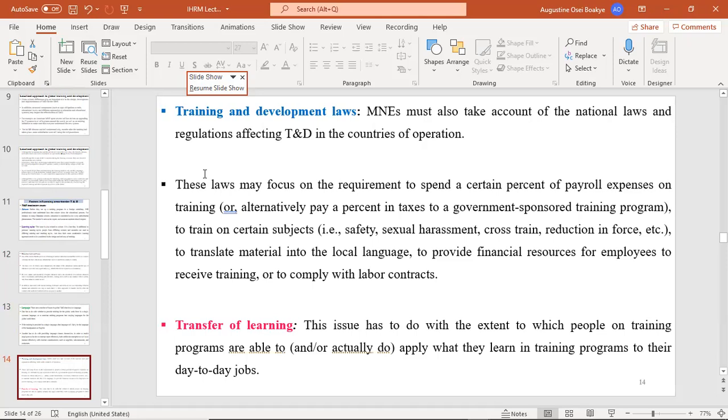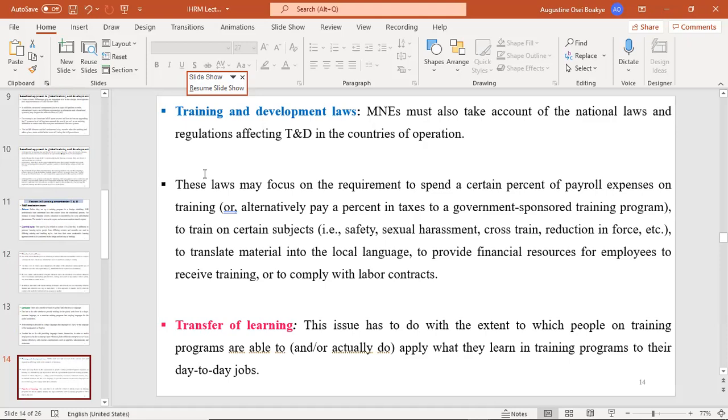These laws focus on the requirement to spend a certain percentage of payroll expenses on training, or alternatively, pay a percentage in taxes to a government-sponsored training program; to train on certain subjects such as safety, sexual harassment, cross-training, reduction in forces, etc.; to translate materials into the local language, to provide financial resources for employees to receive training, or to comply with labor contracts.